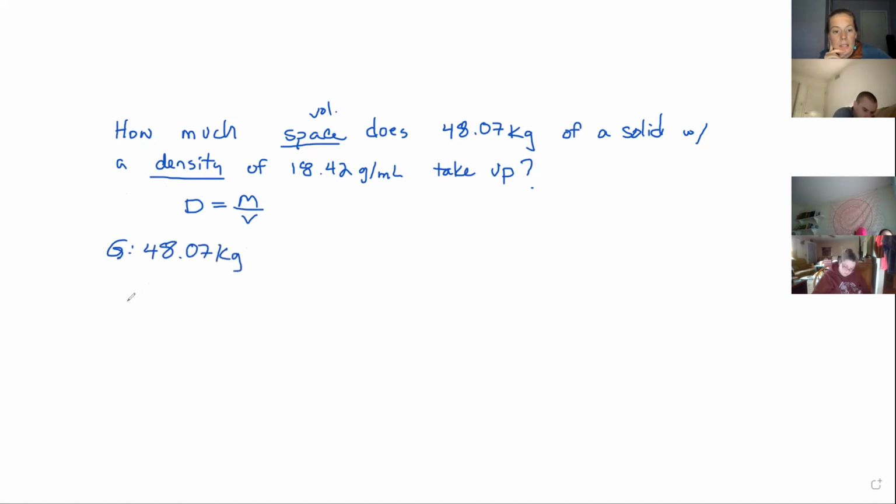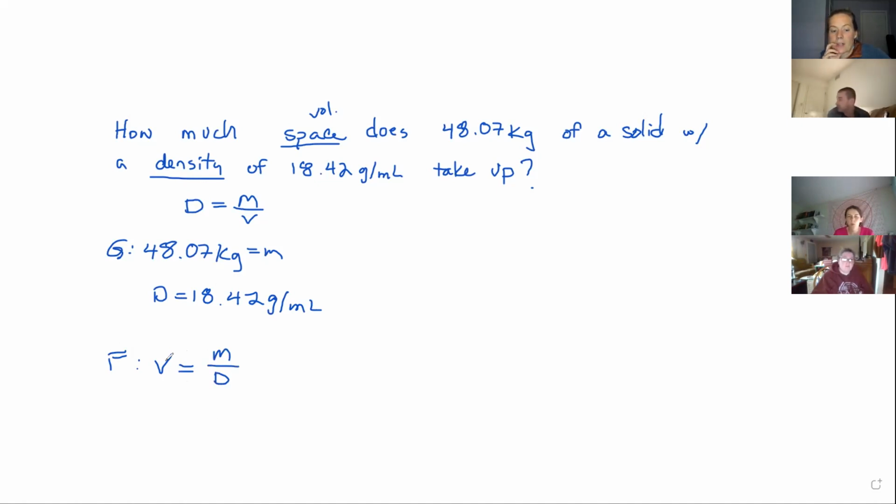I also know that the density, this is the mass, density is equal to 18.42 grams per milliliter. So I want to find volume. You should get that volume is equal to mass divided by density.